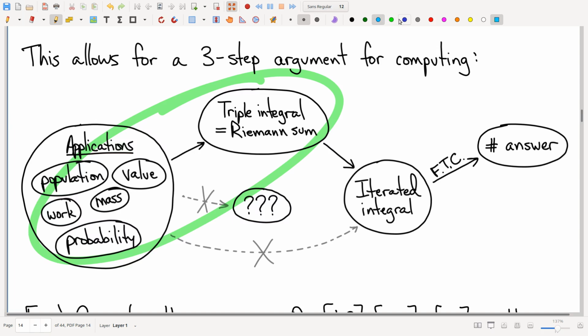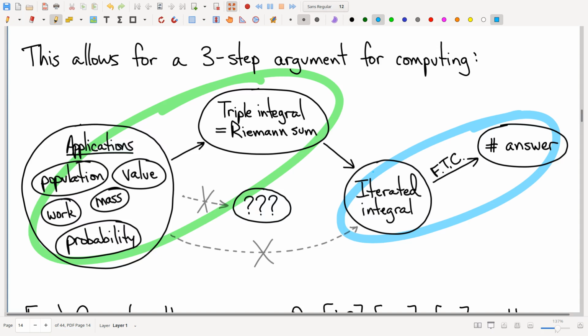I think it's a pretty easy sell that if I were to write a triple iterated integral, that is an integral inside of an integral inside of another integral, well, those are, in fact, still single variable integrals, and you can just crank them out one at a time. There's going to be 3 of them instead of 2 of them, but it's still single variable calculus. It's just fundamental theorem of calculus 3 times in a row. So I hope this is believable that it is going to be easy.